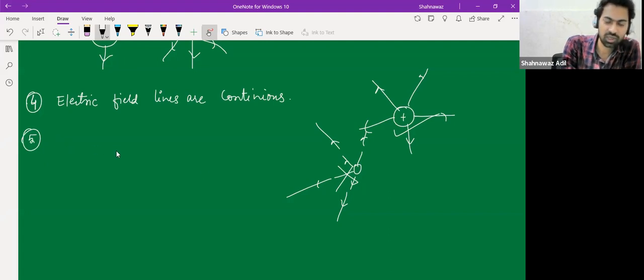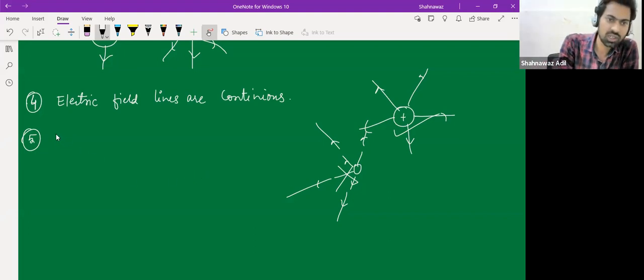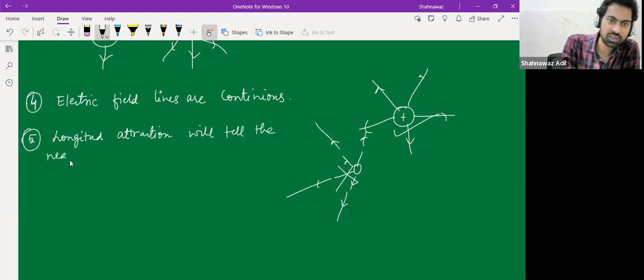And the next property is, so the electric field lines, right? If you have, let's say, a negative charge, longitudinal contraction will tell about the attractive nature of the charge.